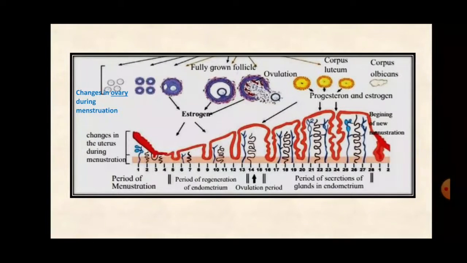Why? Because corpus luteum was secreting progesterone, and now it has been converted to corpus albicans, which is inactive, which does not perform any work. So hence this also stops their secretions, that is stops progesterone and estrogen. Clear? Now hormones have stopped being secreted.